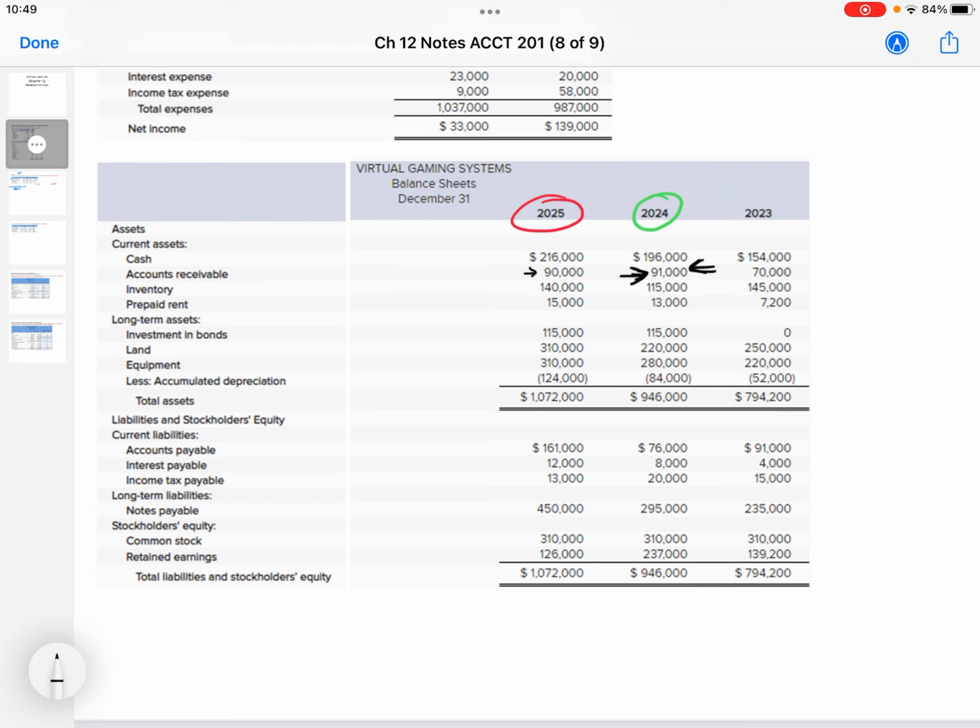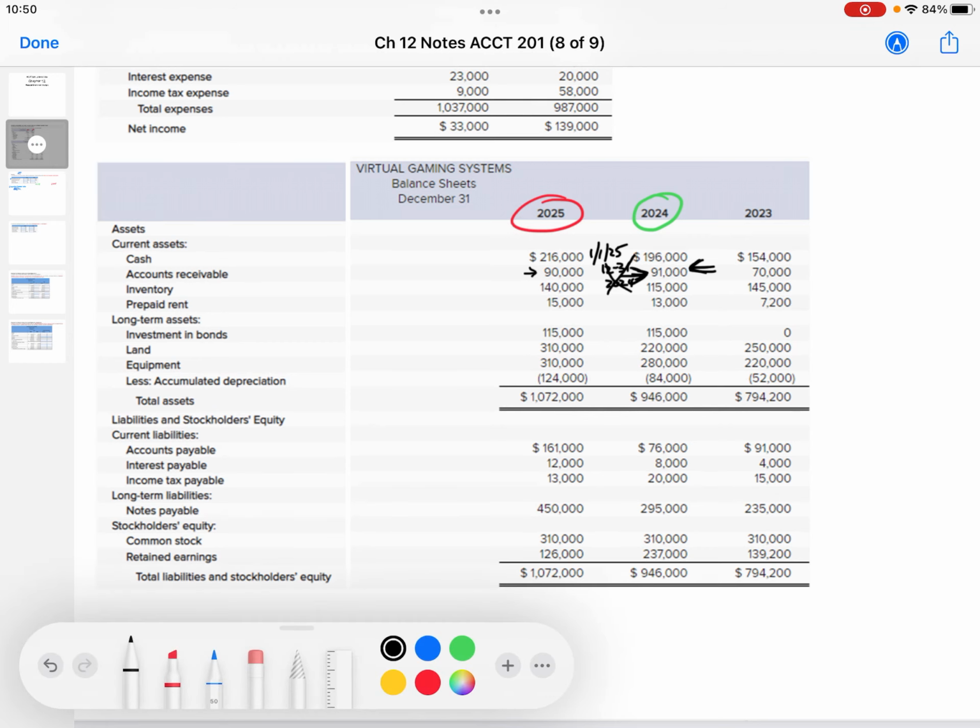So this tells me December 31st of 2024, the balance in accounts receivable was 91,000. That's basically the same as saying the beginning of the day, January 1st in 2025. So do you see how that's my beginning balance, 91,000, and my ending balance for 2025 is 90,000.